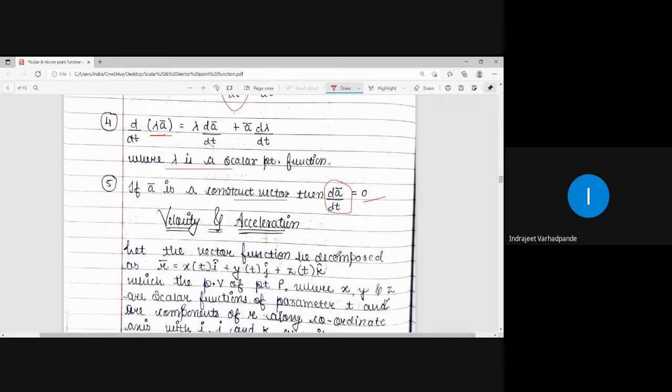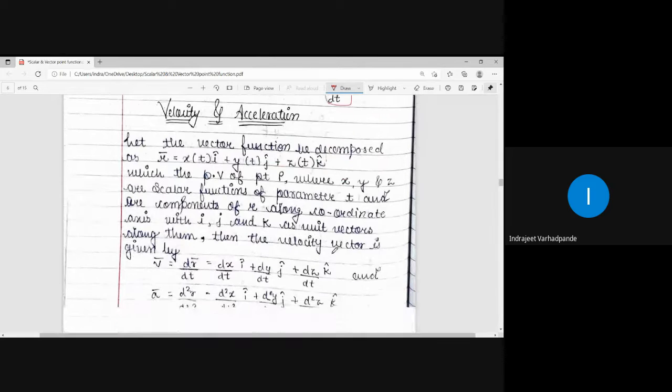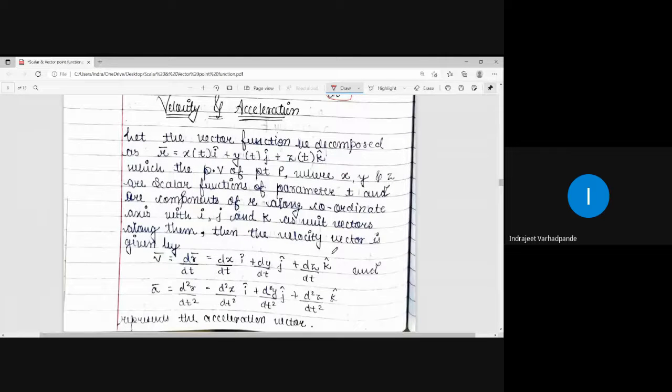From this philosophy, we try to derive the concept or the definition of velocity and acceleration. So let the vector function be decomposed as r bar is equal to xi plus yj plus zk. What is actually x? x is nothing but x of t. What is y? y of t. They are nothing but functions of parameter t.